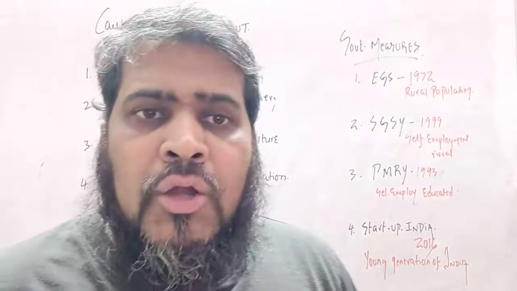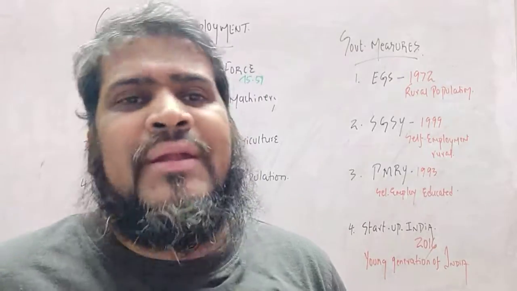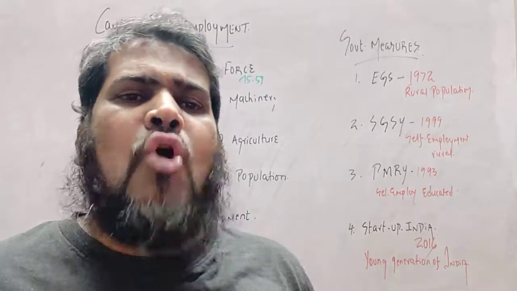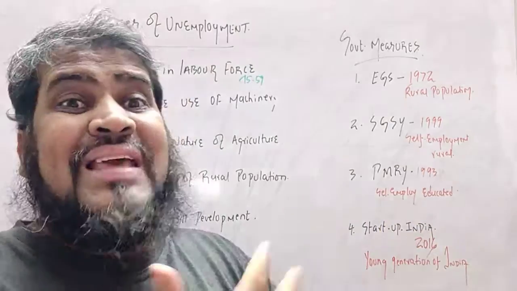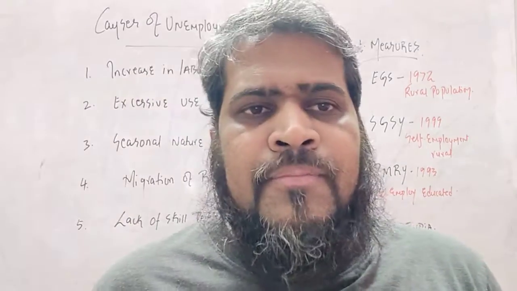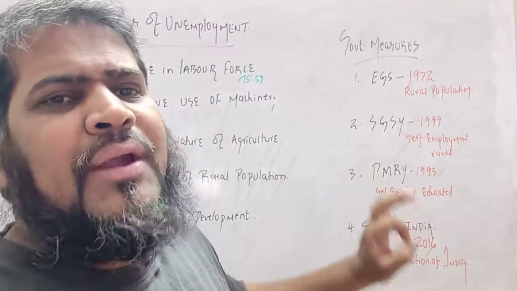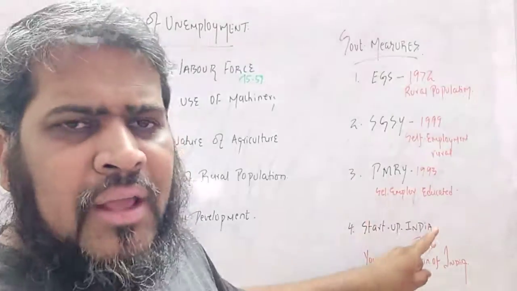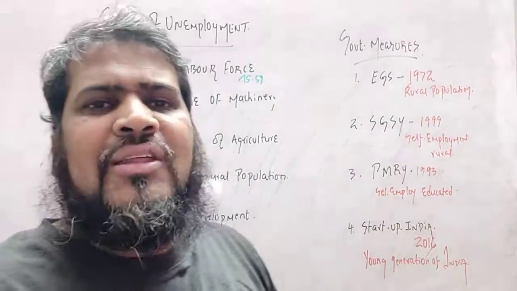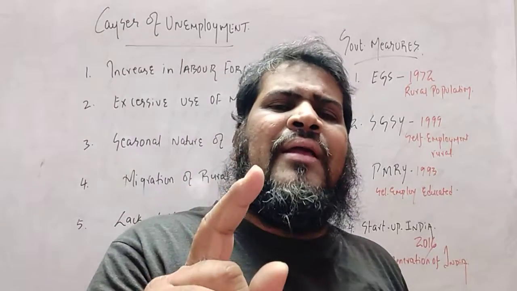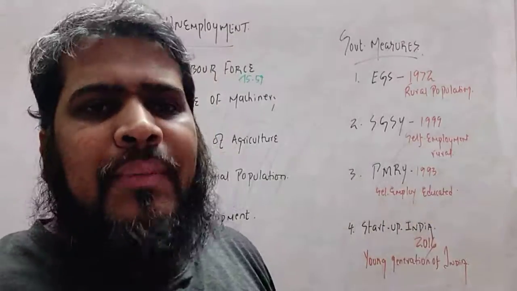The person who is educated but does not have any job, funds should be given to that person for creating self-employment. If you are uneducated, you will come under different schemes, but the Pradhan Mantri Rozgar Yojana is only for educated unemployed people, giving them self-employment.